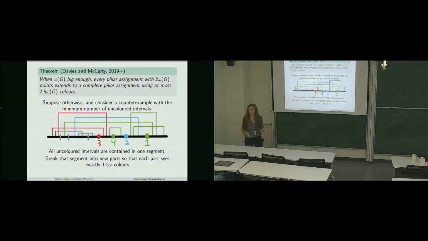It's easier to understand it this way. So we want that the number of colors such that there's an interval with an end in this part of that color is exactly 1.5 omega. So here, there's one color, red. Here, just green. Here, just blue. And here, there's none. So we're placing these points so that there's 1.5 omega colors with an end in that part.